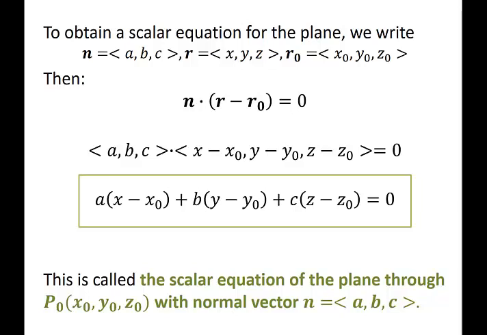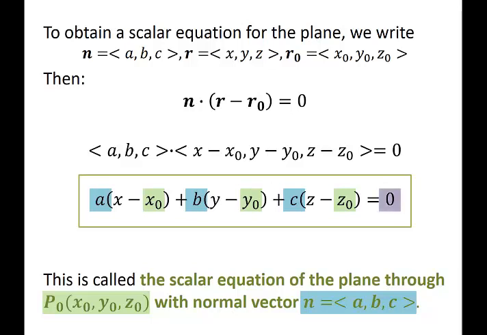So this is our main equation of a plane. Notice we used our point x naught, y naught, z naught and our normal vector a, b, c. And because it comes from orthogonality, that dot product equals 0, so we have our equation equals 0. That's where this equation of a plane comes from.